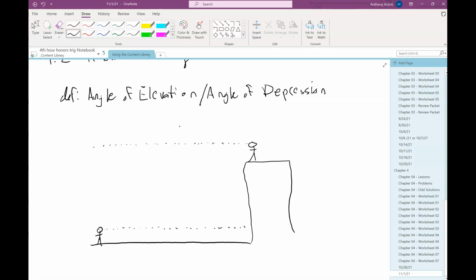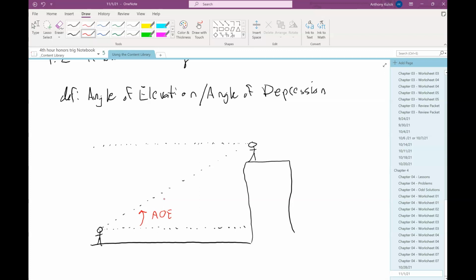Say we're talking about the person on the ground, and they raise their head to look at the person on the cliff. Their line of sight is moving up. We call this an angle of elevation. Everybody's okay with that?